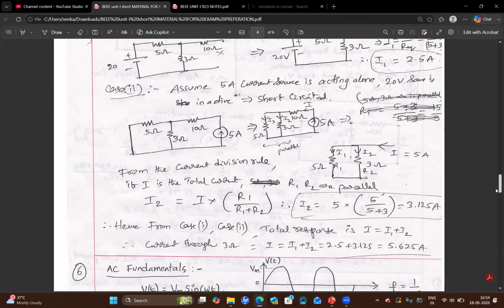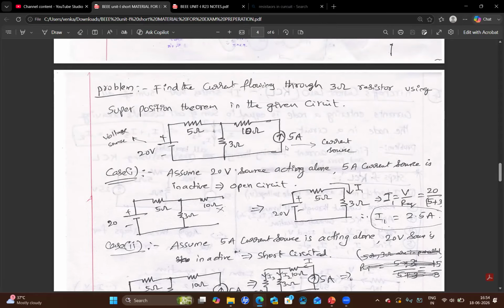So like that, in a given circuit, if you identify more than one source, instead of directly calculating the current flowing through some resistor, take individual sources in different cases while making the other sources inactive. Suppose the 20 volt source is acting alone: only keep the 20 volt source and convert all other sources into inactive sources. If it is a current source, make it an open circuit.